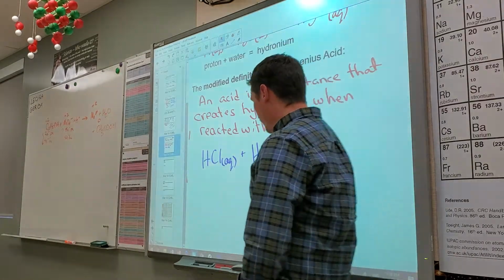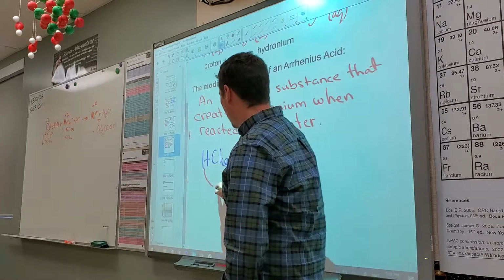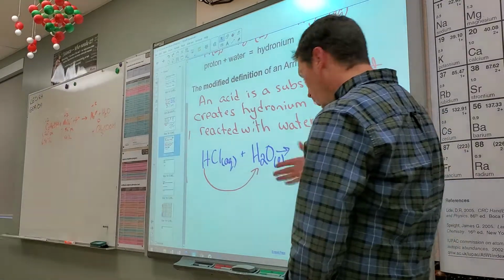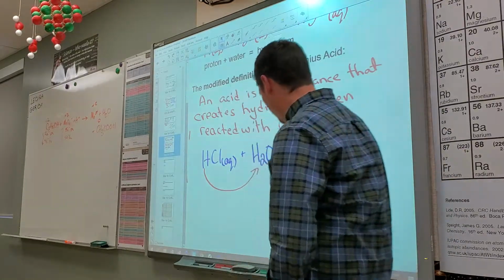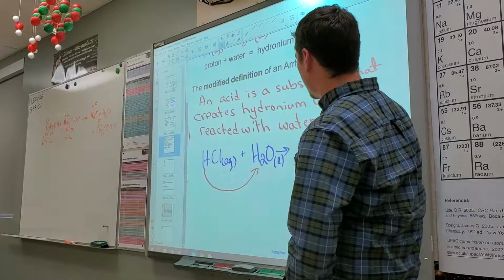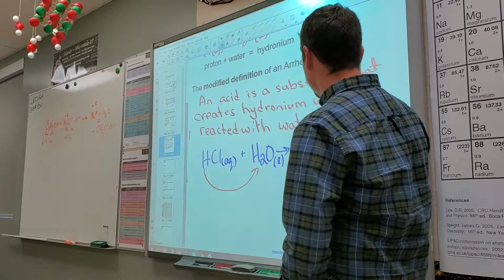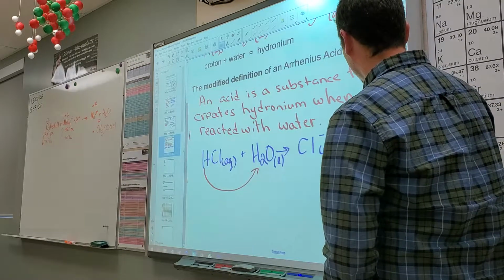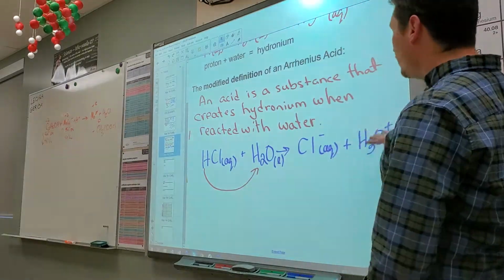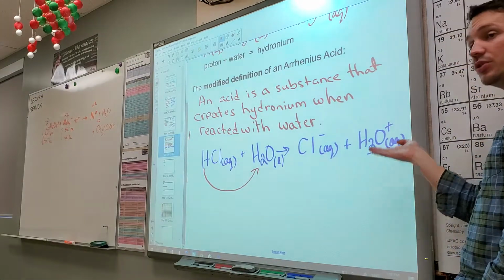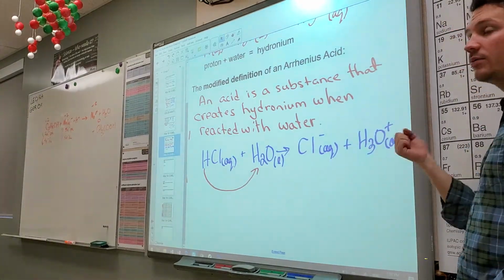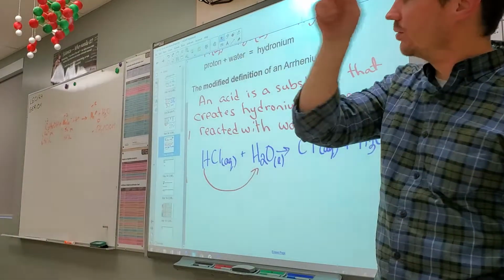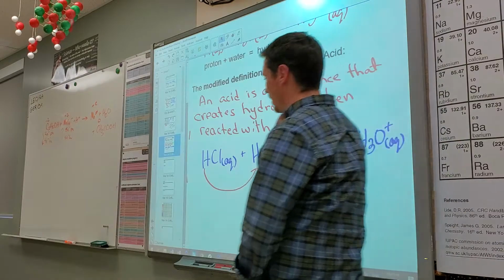So you can think of the hydrogen as being transferred from the hydrogen chloride to the water. So what are we going to get here? We're going to get chloride ions and hydronium. Every time you think hydronium, you're really thinking water with a proton attached to it, and the proton is hopping from one water molecule to the next, the next, the next.